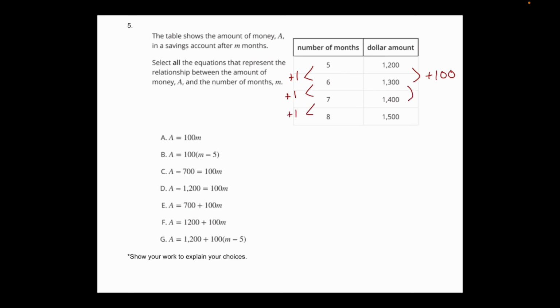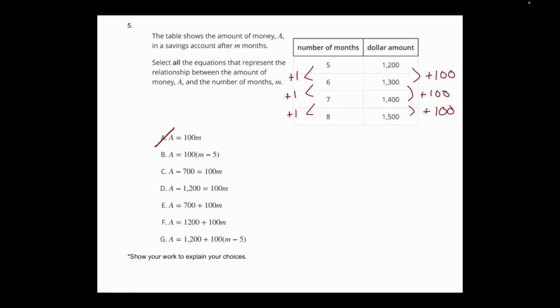Yeah, it looks like we're increasing 100 every time we go up 1. Now, it's not quite 100 times this number, because this is 1200. So A really says 100 times that number is the answer, so it's not going to be this.